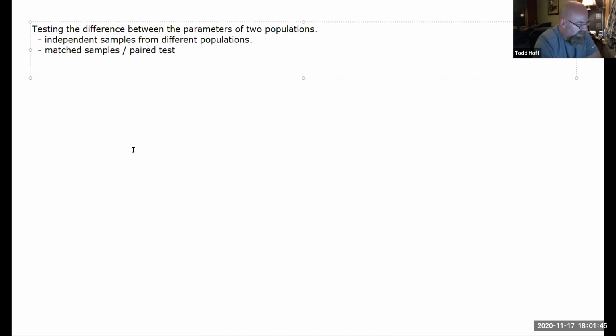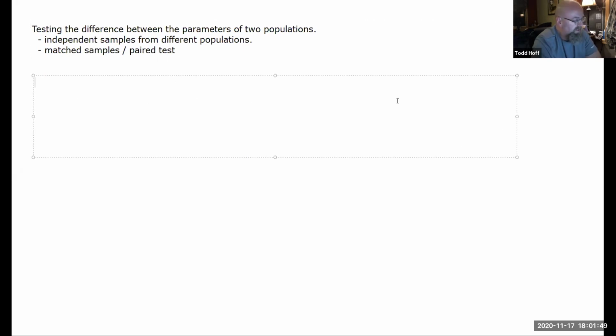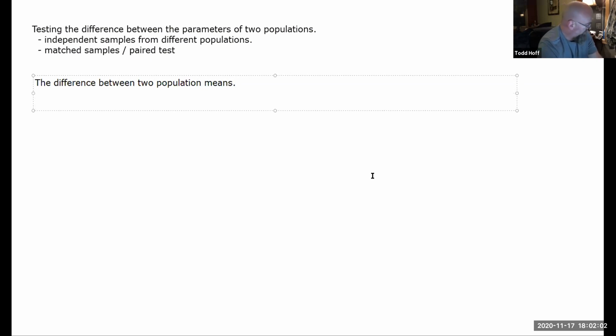So what we're going to start off with is talking about the difference between two population means. So the means of two populations. And the way we're going to measure that, our estimate, a point estimate, is going to be, I have to draw this out with my finger.